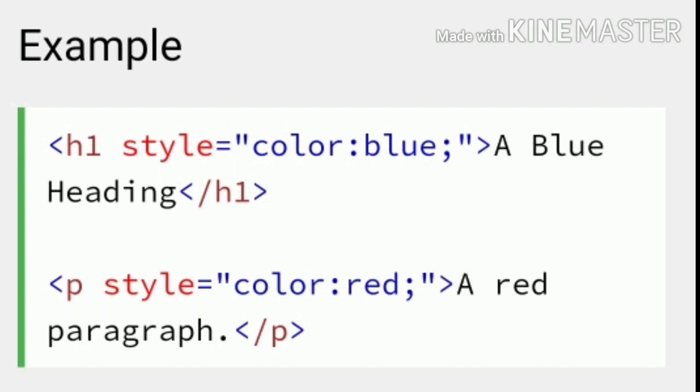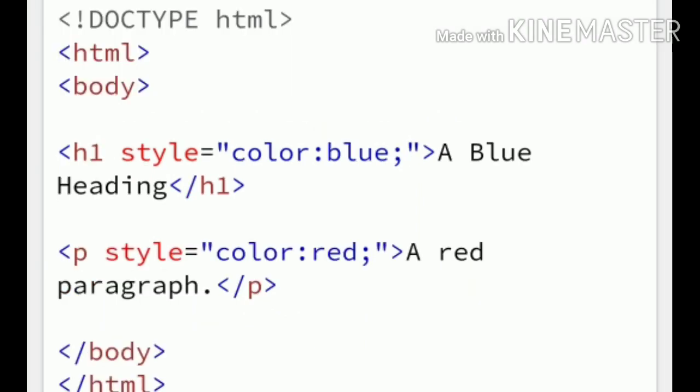For example, let us go to the example program. Similarly, as before, in the program you write the HTML, the heading, then you use a body tag. After that you write an h1 tag, that is a heading tag, style equal to, within double quotation, color colon blue, ended with semicolon, closing with a double quotation.